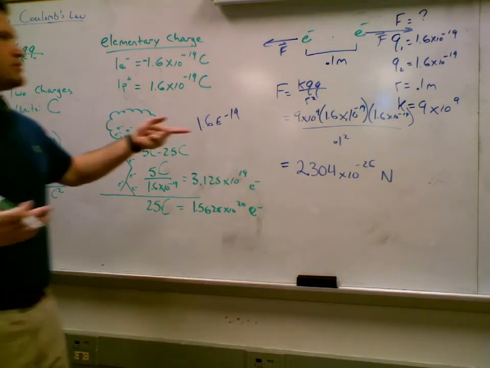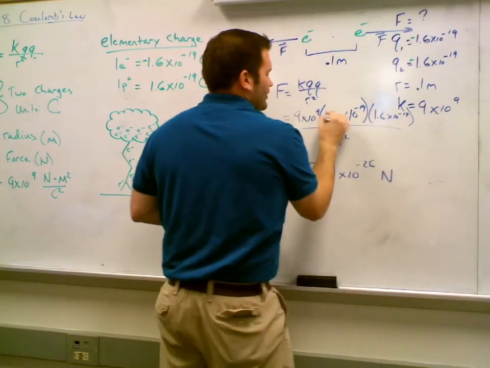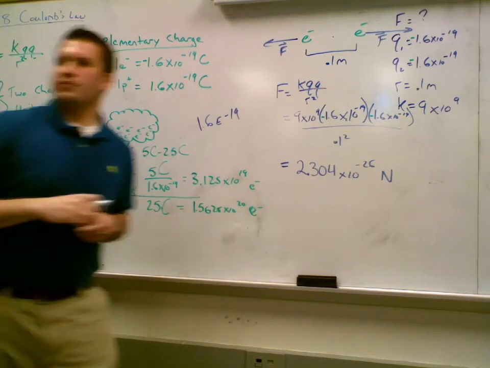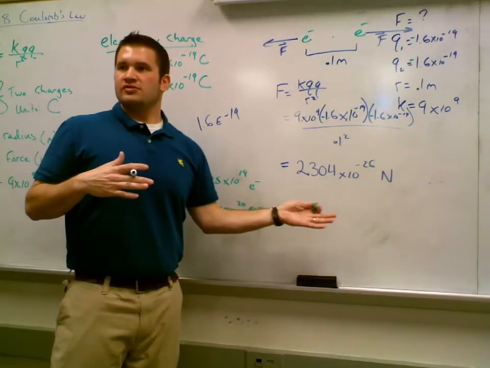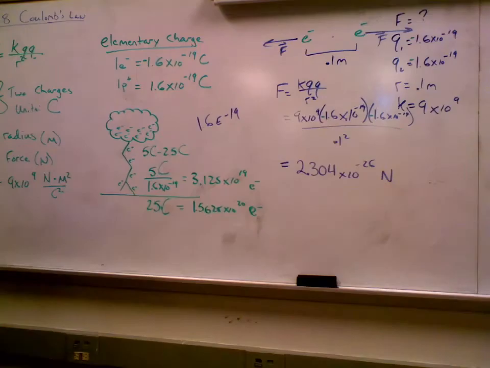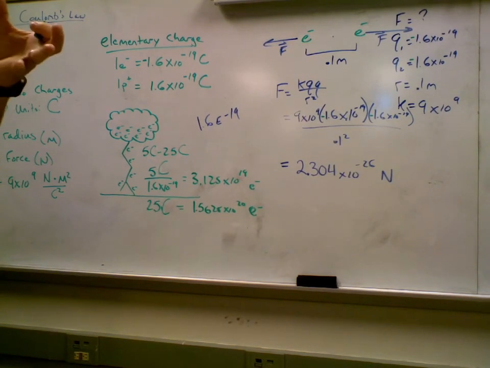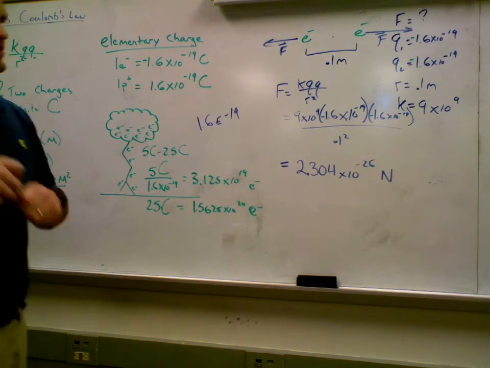If it's an electron, then we have two negatives, right? The two negatives still make the force positive, which means the force is still the same. The force is still away from the center. Okay, does that make sense, guys? Any questions?